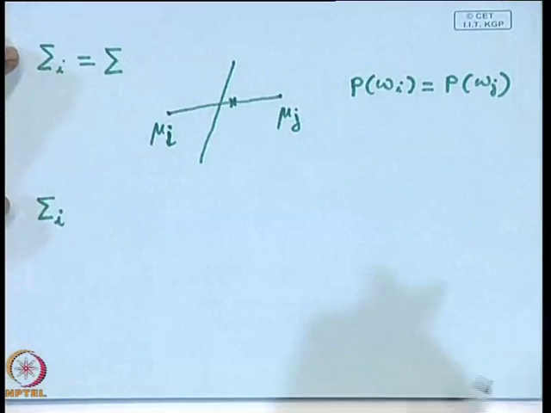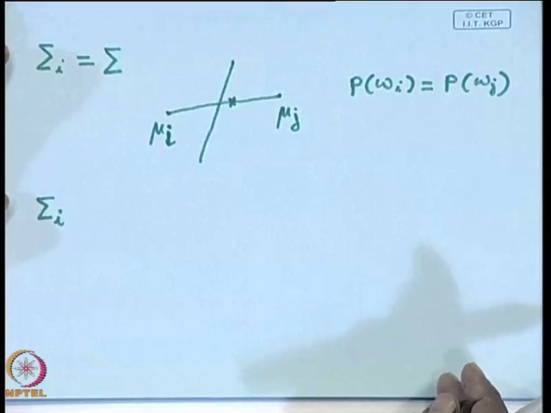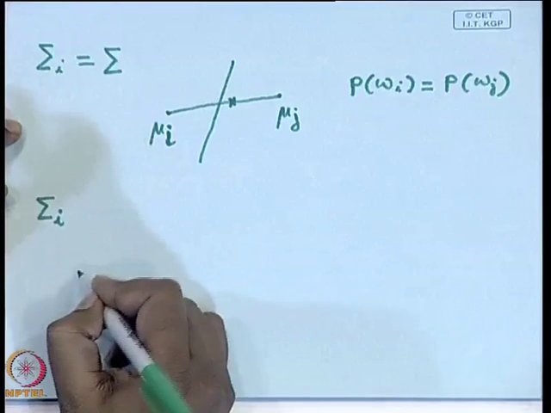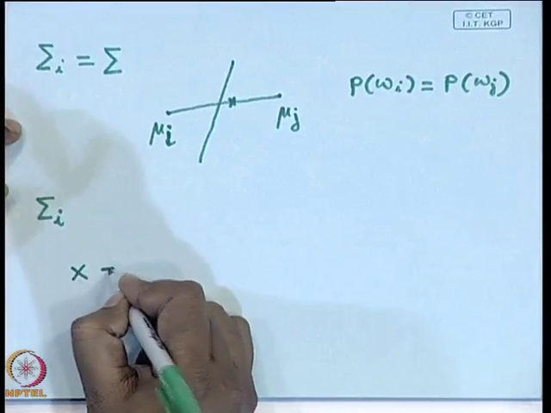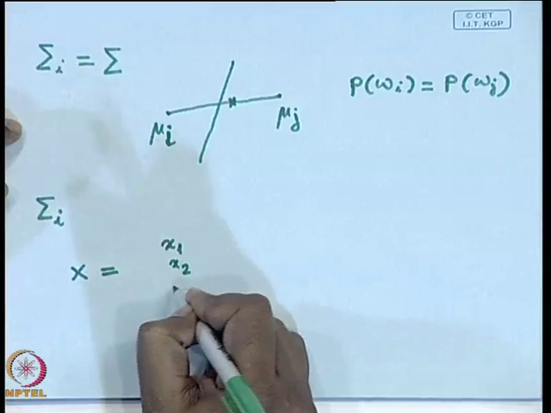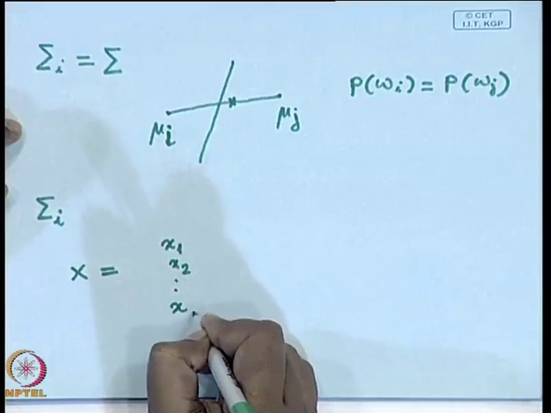However, in all these three different cases that we have discussed, we have assumed that the feature vector x is continuous, or the individual components of the feature vector x are continuous, because our feature vector x is nothing but a d-dimensional vector having the components x 1, x 2 up to x d.